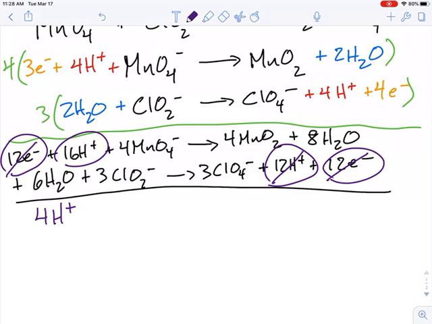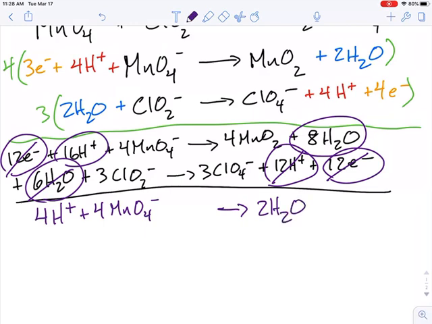Okay. I only have MnO4 minus on one side, so that's going to drop down. A lot of times waters are on both sides, so 6 waters and 8 waters. Well, the 6 is going to go away, and I'm going to end up with 2 waters on the product side there.